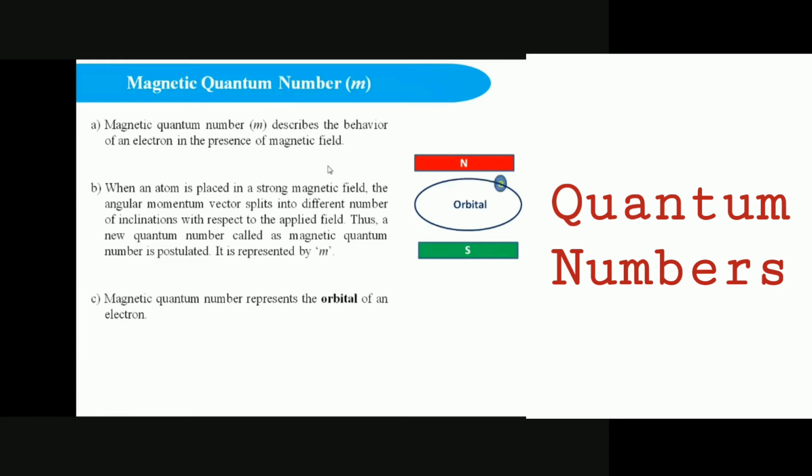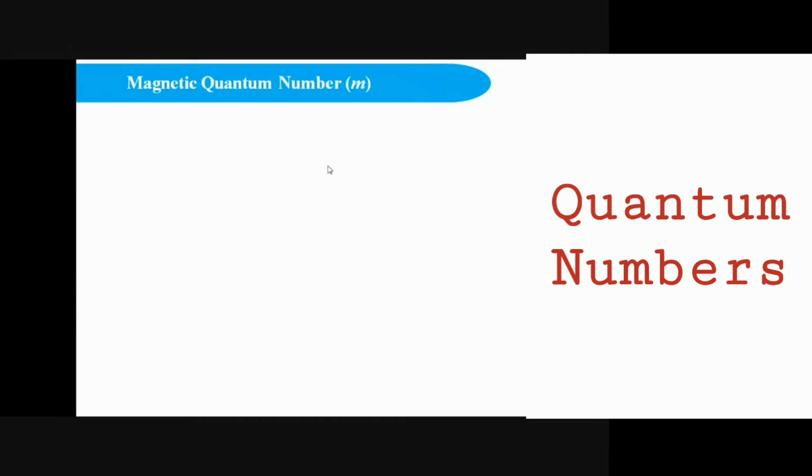So in that case, the first suggestion about electron movement is the magnetic quantum number. When the electron is placed in a strong magnetic field, it will orient itself in some angular momentum. Okay, so it will give some pictorial path. When it is connected with a line, it is the orbital. So the magnetic quantum number represents the orbital of an electron.